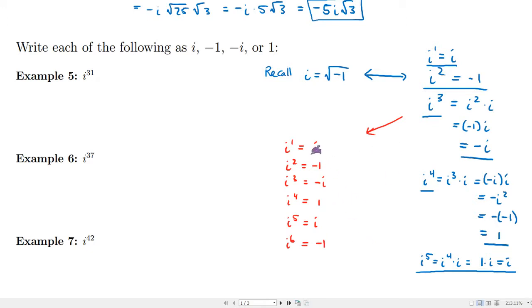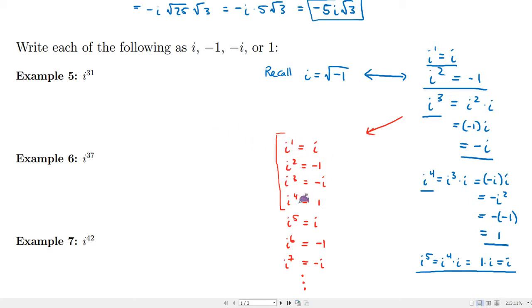You see this pattern continues. It cycles between these four: I, -1, -I, 1, I, -1, -I, and so on. So really what you can do is reduce your problem into just looking at these four situations here, right?